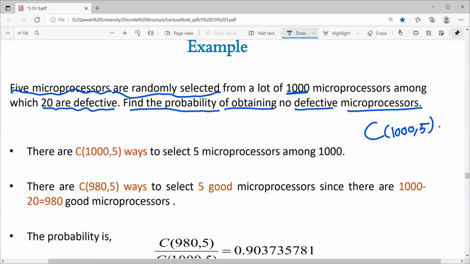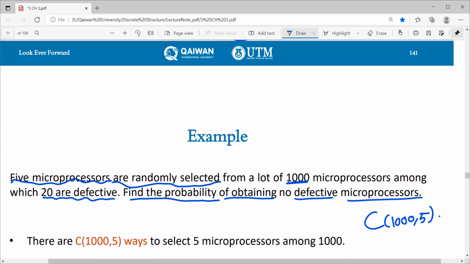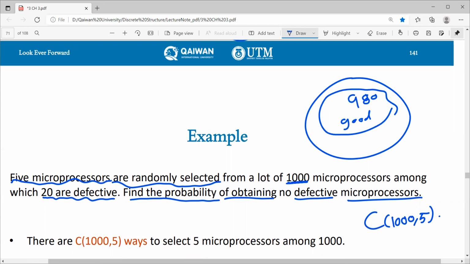And in these 1,000 microprocessors, 980 are good ones, and 20 are defective. We pick 5 from 1,000, and we say if these 5 are good ones, that means it must not be from the defective ones. So these 5 must be here.